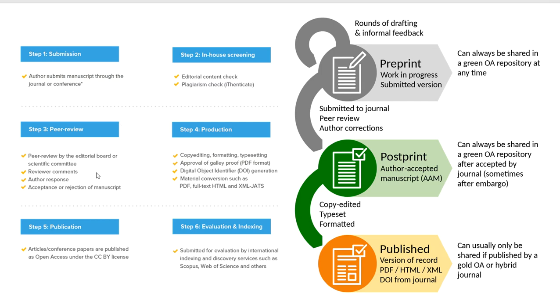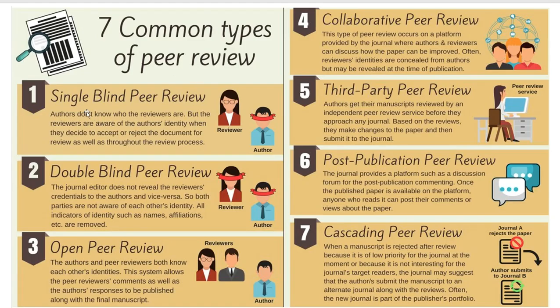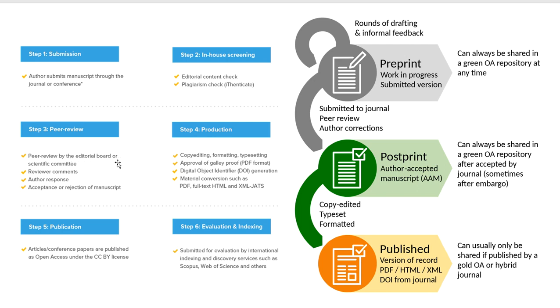Peer review, you know, is categorized into seven types: single blinded peer review, double blinded peer review, open peer review, collaborative peer review, third party peer review, post publication peer review, and cascading peer review. Based on this, the peer review is done by the editorial board, scientific committees, and technical committees.